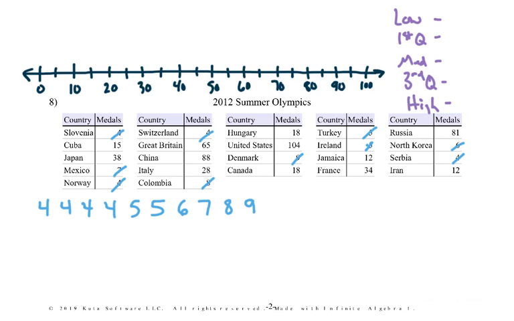Then 2 12s, Jamaica and Iran. Then a 15, 2 18s. So Cuba, Hungary, Canada. Then it looks like 28 for Italy. 34 for France. Maybe put some commas in here to help me see.